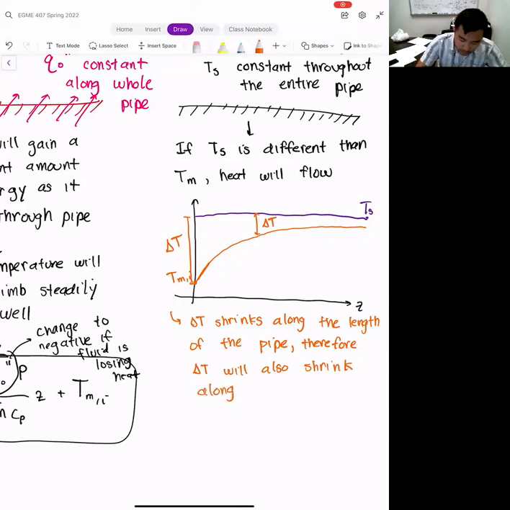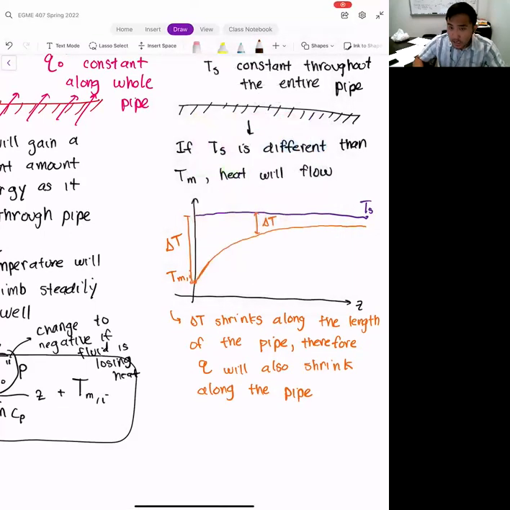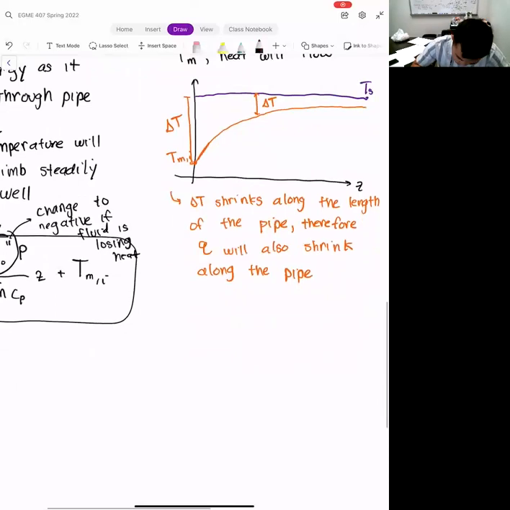And if Q is going to shrink, that means the rate at which Tm increases is also going to decrease. The way that we mathematically represent this is through a decaying exponential function.